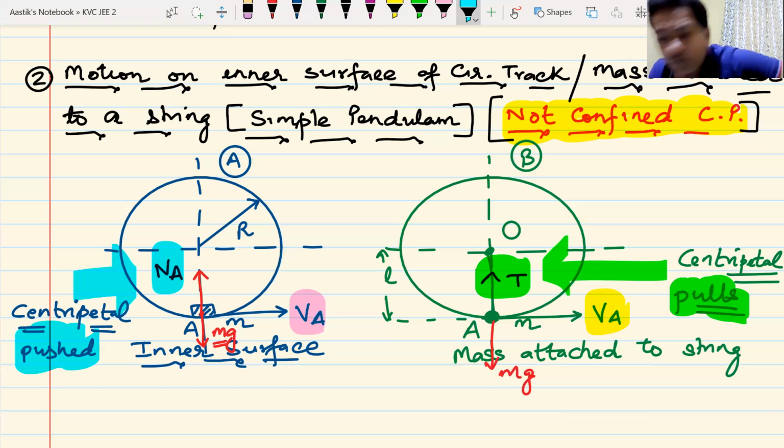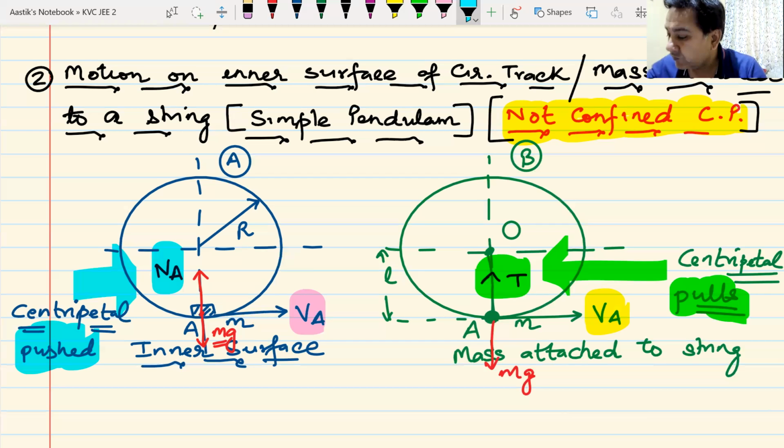Yes, sir. Now, when I do both the cases together, both the cases are absolutely similar. Both the cases are not confined to the circular path. The only difference between the two cases is, which is highlighted in blue on one side and in green on the other side.